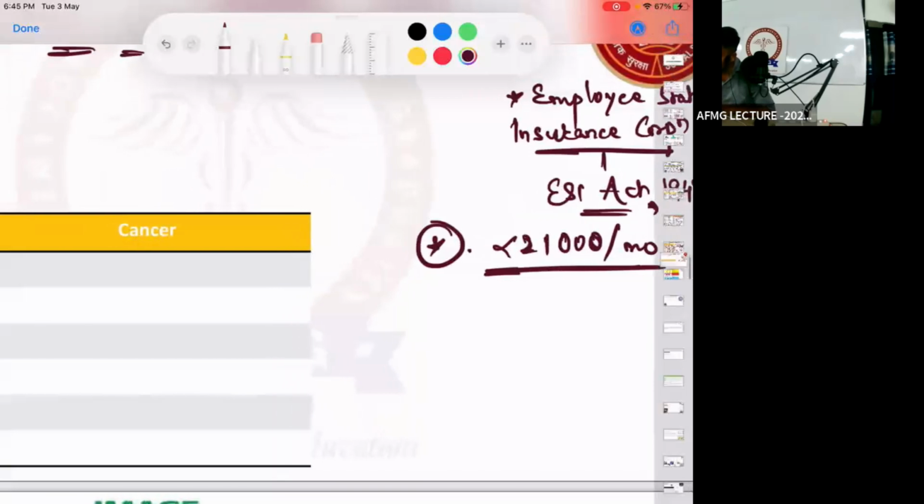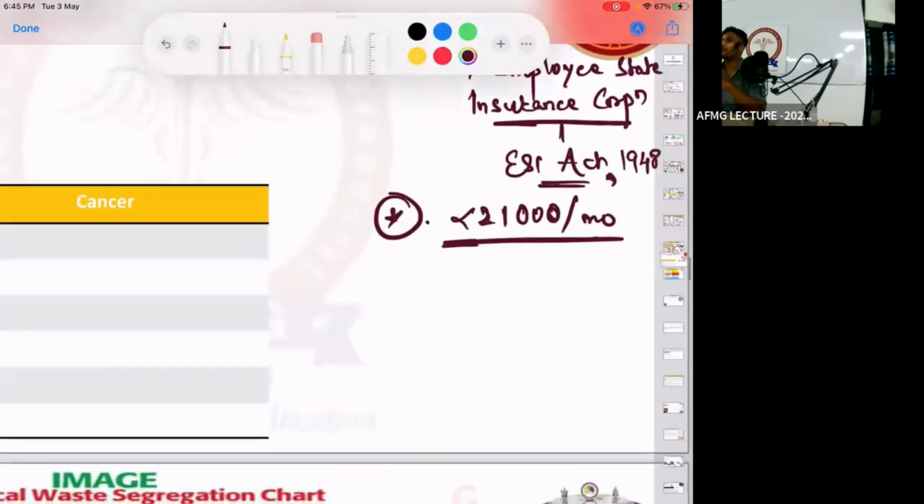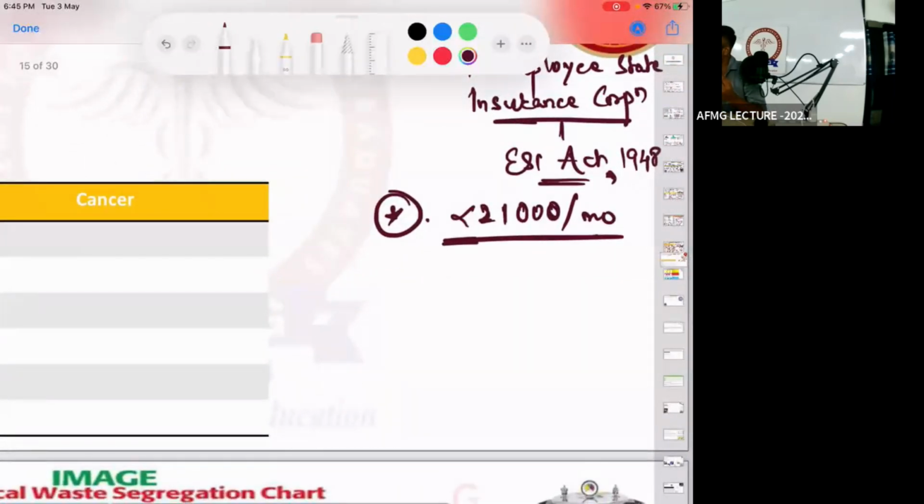Important. Now, some money is contributed by the employee and some by the employer. So this is asked: how much money is contributed by the employee? The employee is the one who works there.